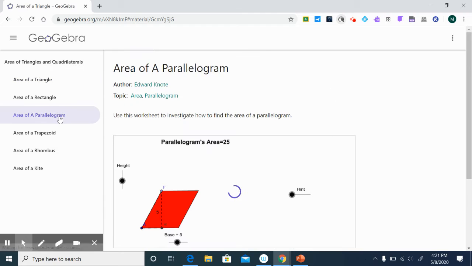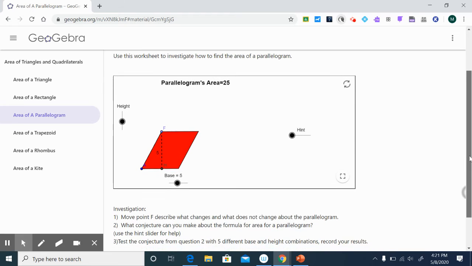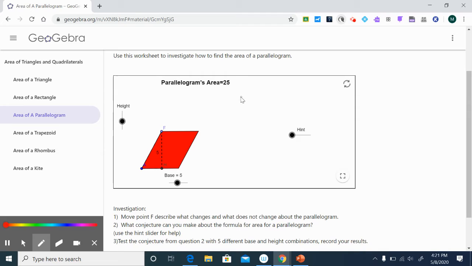Alrighty, let's look at our parallelogram. Many of you probably remember that the area of a parallelogram is base times height. Now the tricky thing with a parallelogram is that your base is there, and then your height has to be perpendicular to the base, and your height drops down to a base.